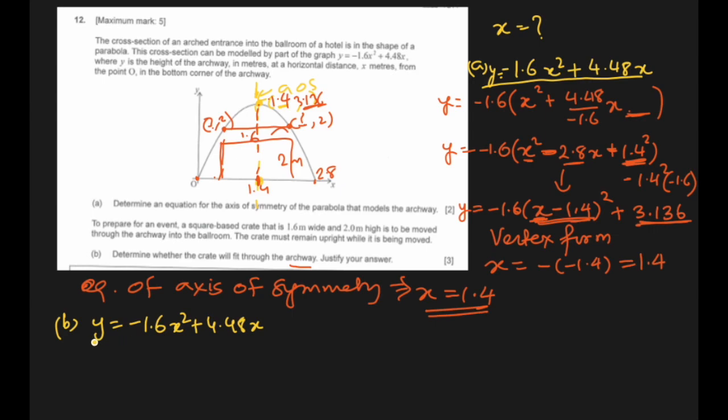Now y is 2 meters, so 2 equals negative 1.6x squared plus 4.48x.